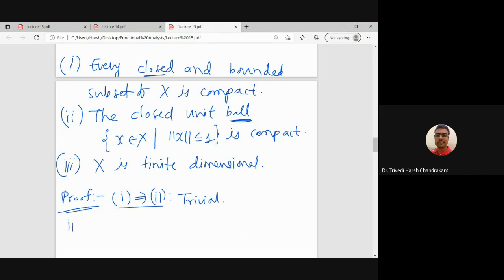Let us try to prove 2 implies 3. In 2 implies 3, essentially we are going to use the Riesz lemma.